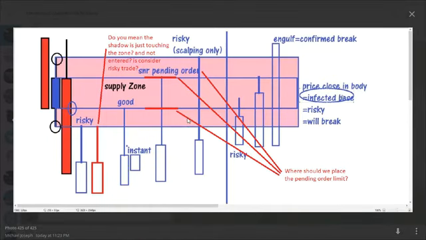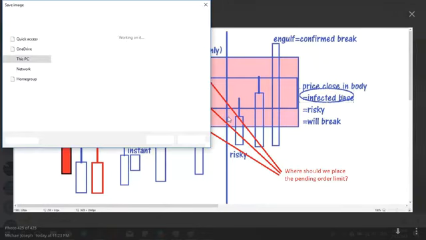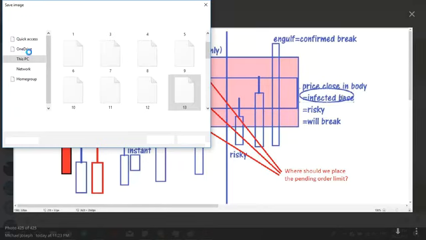Wait a moment. This takes a really long time. Wait a moment.